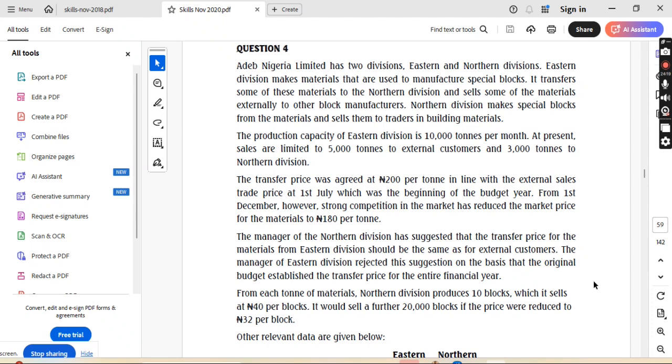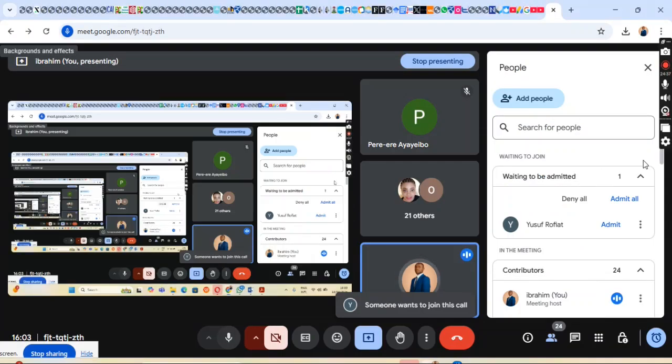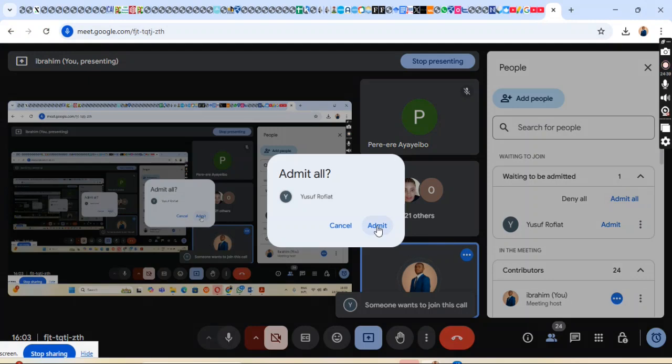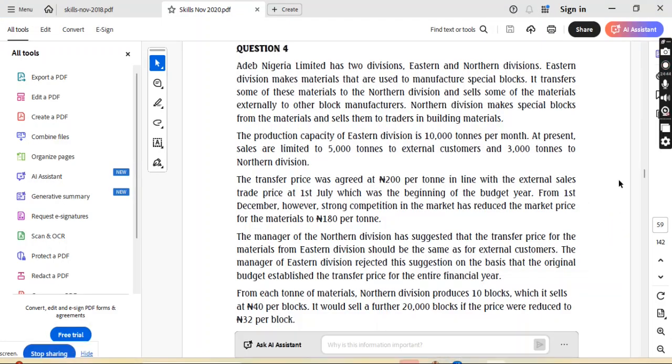If I'm selling, I should be selling what the buying division will use to produce its products. Please, let's understand the technicality of transfer pricing.